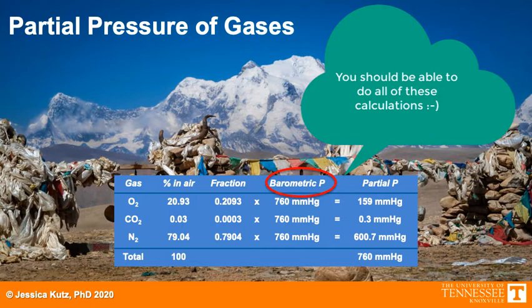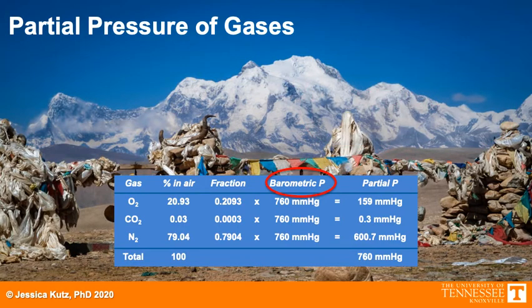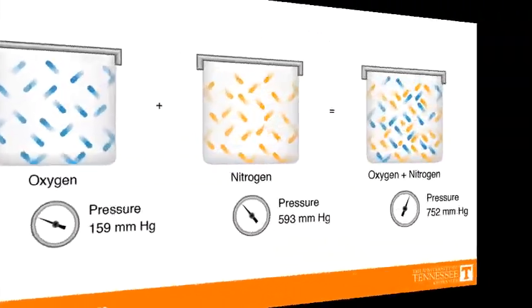So I've compressed the partial pressure gradient, so oxygen isn't going to want to move from the atmosphere into my tissues at the same intensity as it would if I were at sea level with a barometric pressure of 760 millimeters of mercury.